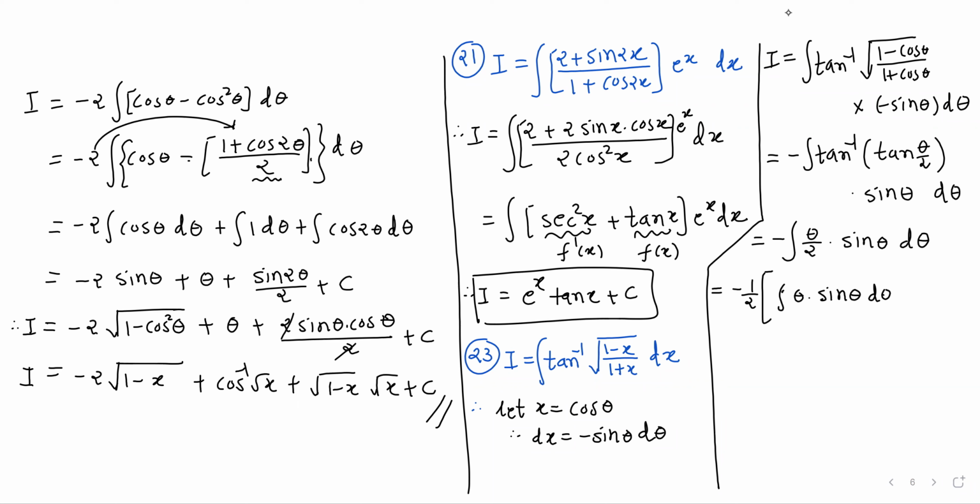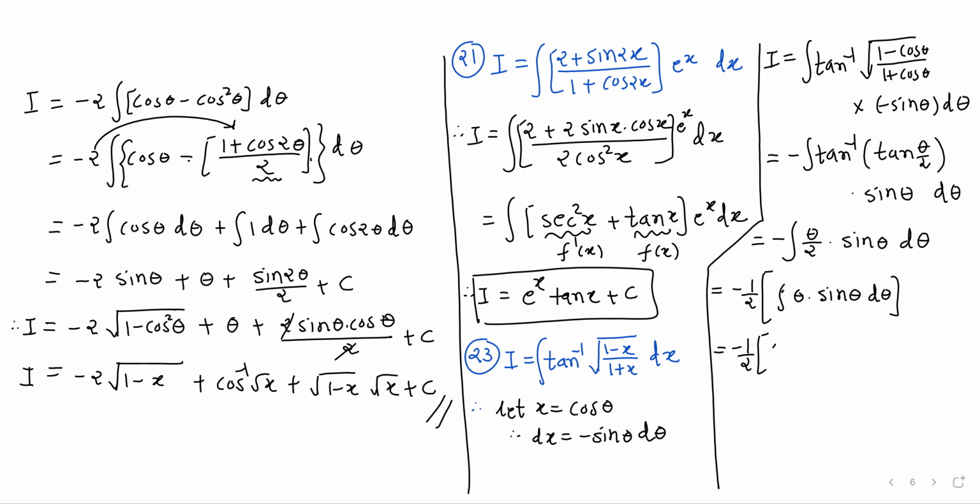sin theta d theta. UV rule, 1 by 2 theta d theta. Your u is theta and v is sin theta. Clear?